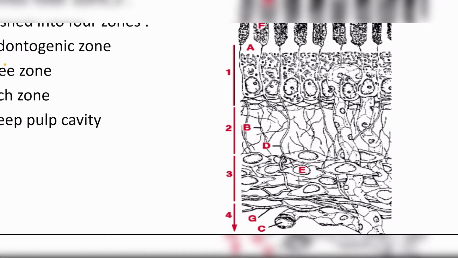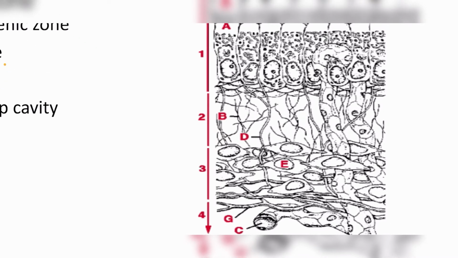This region contains numerous bundles of reticular fibers, which pass from the central pulp region across the cell-free zone, number 2, the one we're talking about, and between the odontoblasts, their distal ends incorporated into the matrix of the dentin layer.